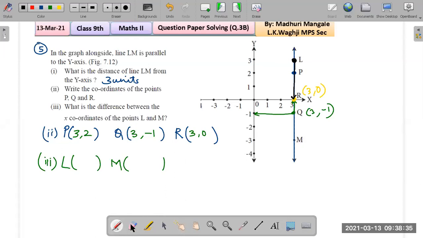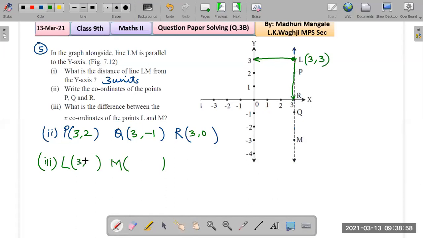Let me erase everything, just a minute, so that things look clear to you. So what is L? L is this point. Draw a straight line towards the x-axis. This is 3. So the x coordinate is 3. Draw a straight line towards the y-axis. Again, that is 3. That means the y coordinate is 3.